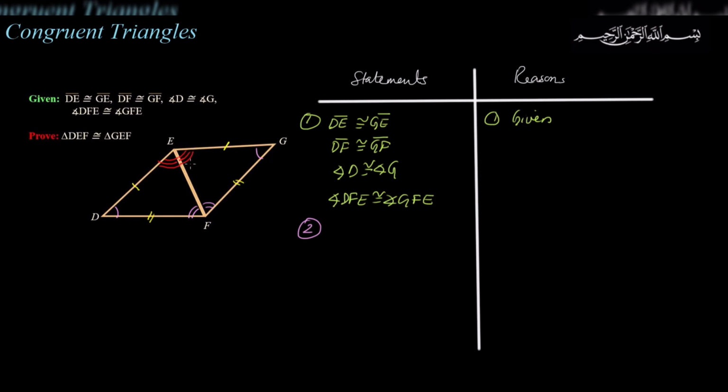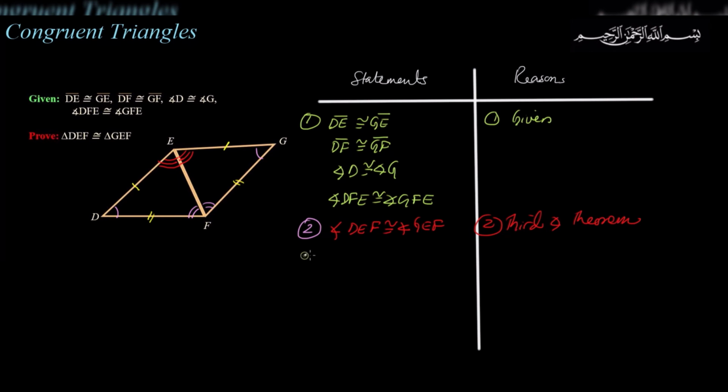So we can write that over here: angle DEF is congruent to angle GEF, because of the third angle theorem. That theorem states that if two angles of one triangle are congruent to two angles of a second triangle, then the third angles are congruent.